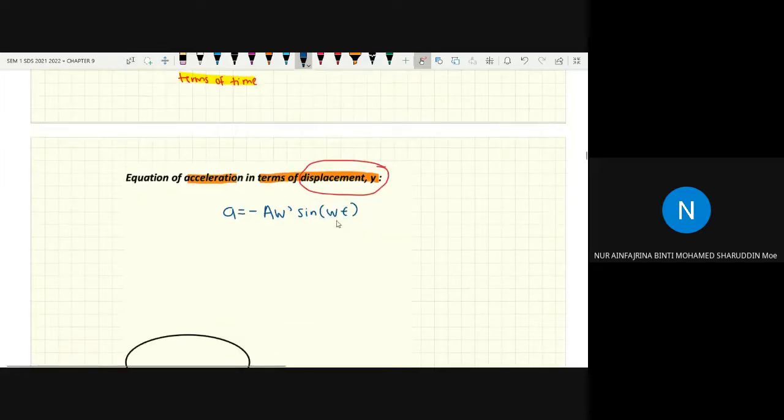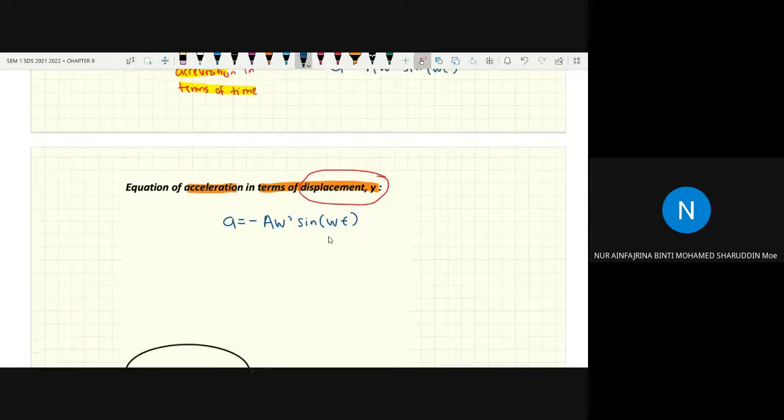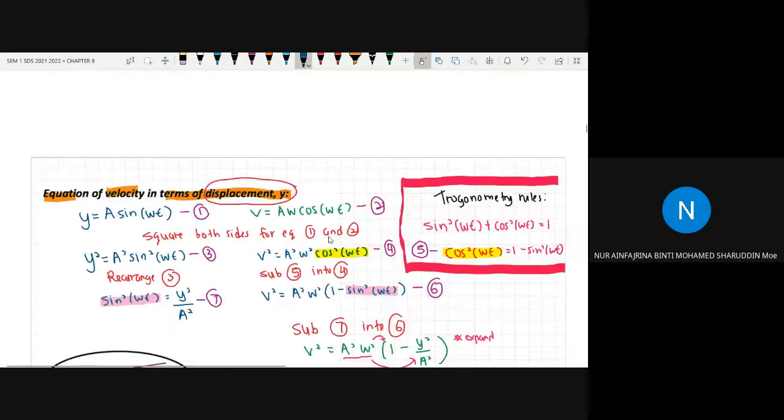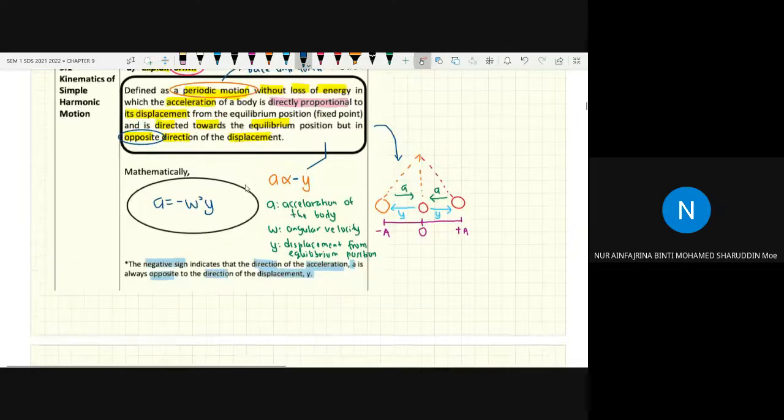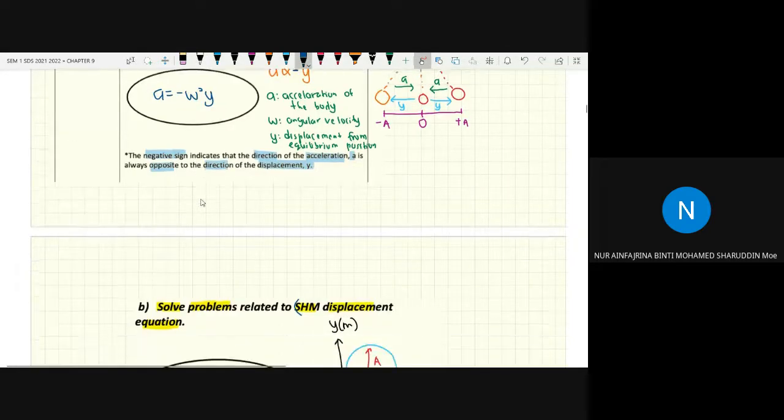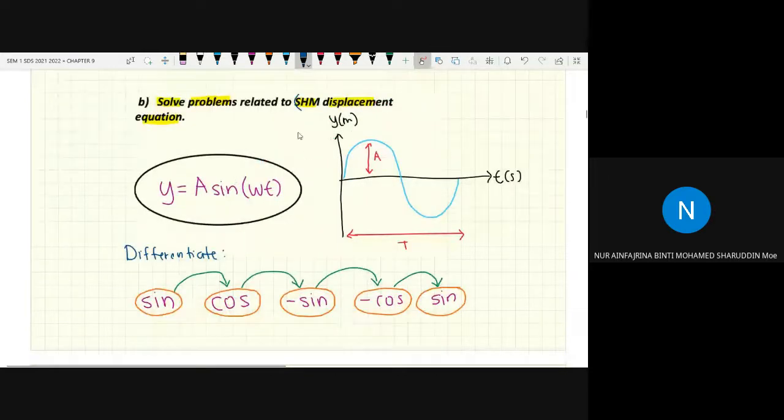Tetapi sekarang kita nak buat in terms of displacement. Okay, now semua orang cuba tengok balik equation ini. Equation of simple harmonic motion, displacement equation. Kita tahu kita ada y equals to a sin omega t.